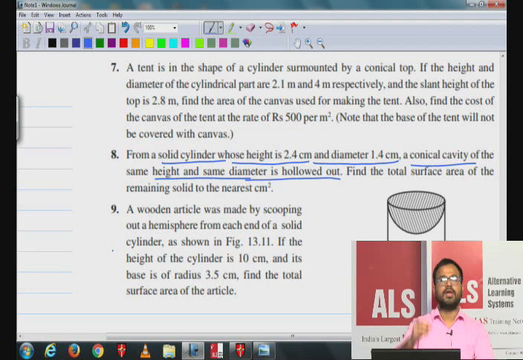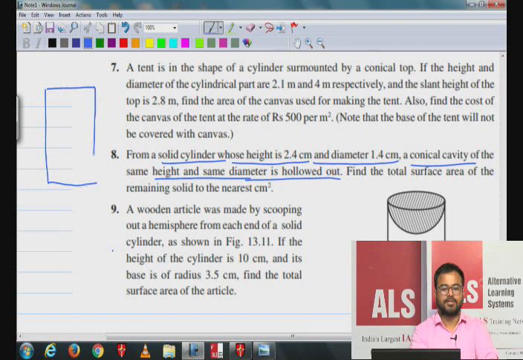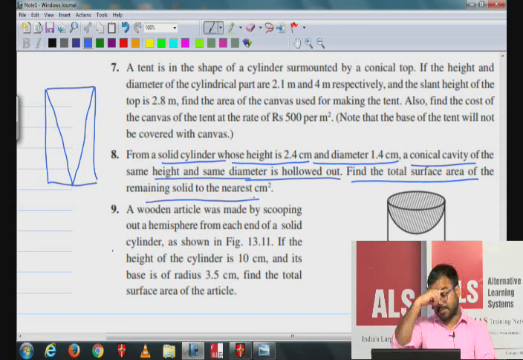So we have carved out a conical cavity from the solid cylinder. So it must be a cylinder like this. The dimensions of the cylinder are given, the height and the diameter. And the conical cavity has the same height and the same diameter, like this. This is a cone which has been carved out. So we have to find the total surface area of the remaining solid to the nearest centimeter square.